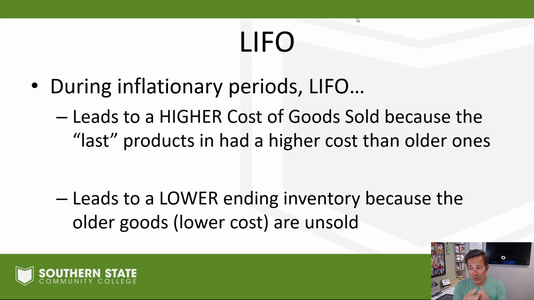Now, you look at that and you might think, well, wait a second. Business. I've learned enough to know that the name of the game in business is profits. We want high profits all the time. We want to make a good net profit, or net income, right? So why in the world would a company want a higher cost of goods sold? Because higher cost of goods sold is going to reduce our gross margins.